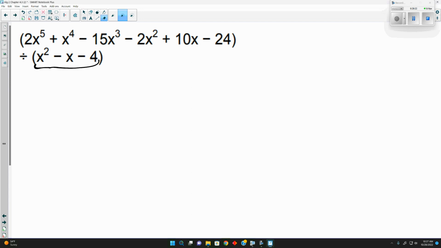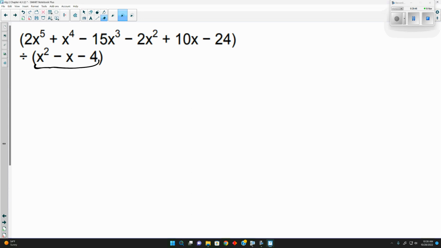It's different than what we had previous. Because all the ones we had previous, we just had x and a number. We didn't have an x squared term, yes? When I was in Algebra 2, whenever we came across a problem like this here, they told us to just do it by long division because it's not a binomial, it's not a two term. Most college algebra courses will just say do it by long division. It's easier to do it that way.